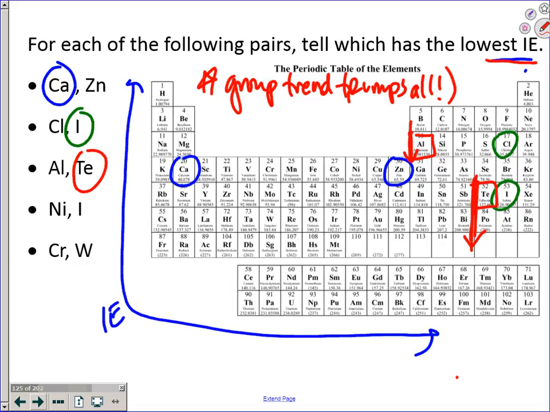It would be the one that's got more rings, so it's actually still lower in its own group. Because going this way, between tellurium and aluminum, there's not a big proton difference necessarily, but the more rings makes it bigger. So the group, again, wins. Okay, let's do a couple more practice and then I'll set you free.